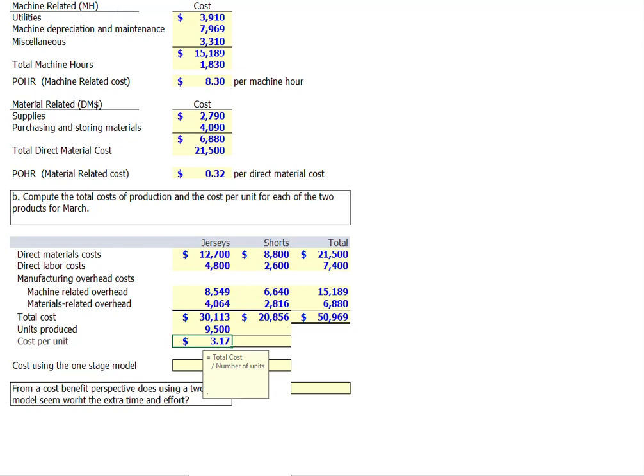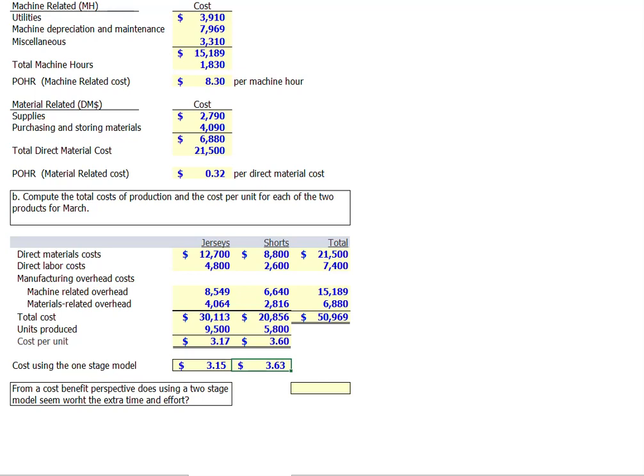For shorts, we have a total cost of $20,856. We produced 5,800 units for a cost per unit of $3.60. We can compare this to the costs we got using our one-stage model of $3.15 for the jerseys and $3.63 for the shorts.